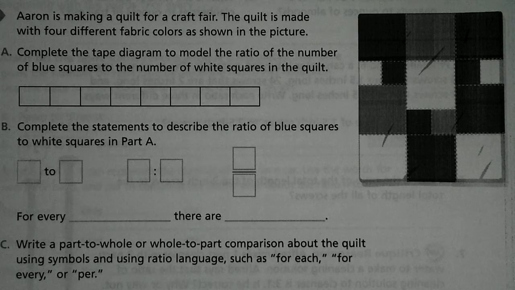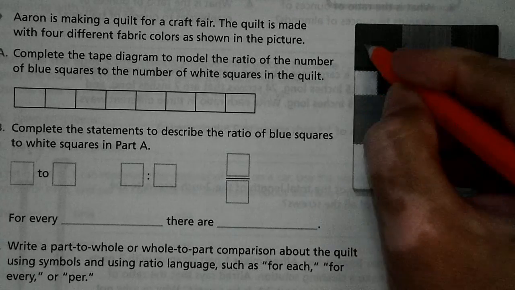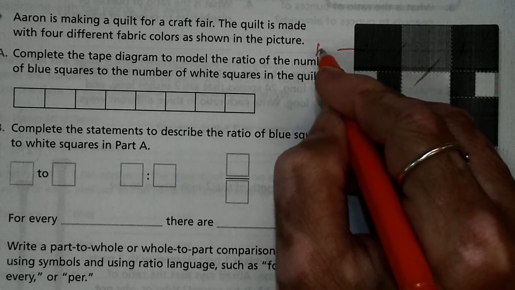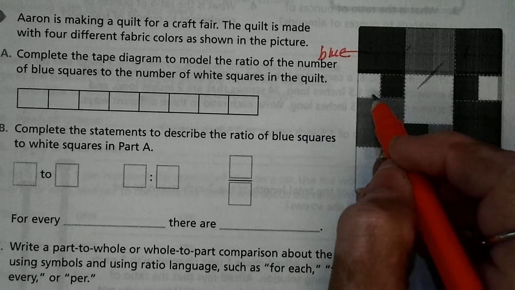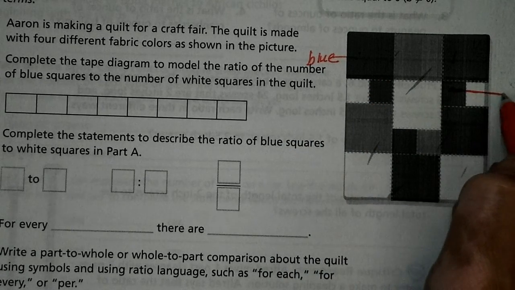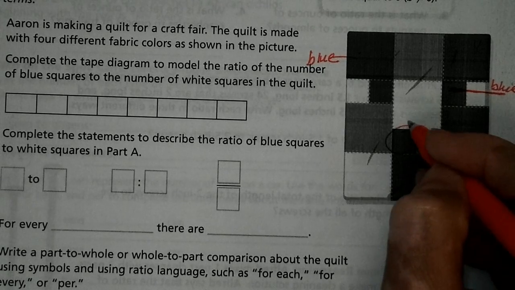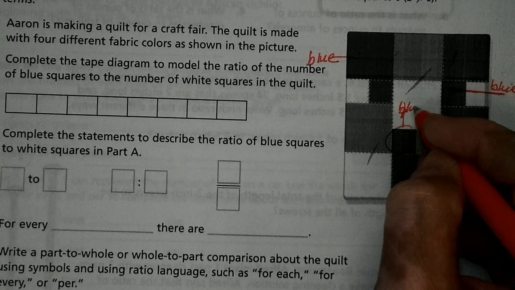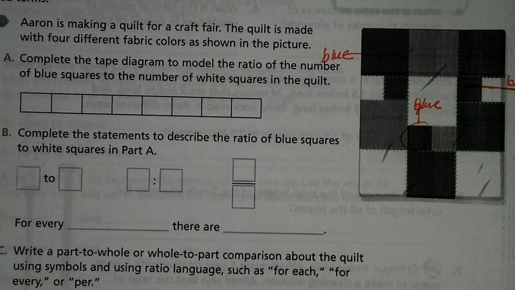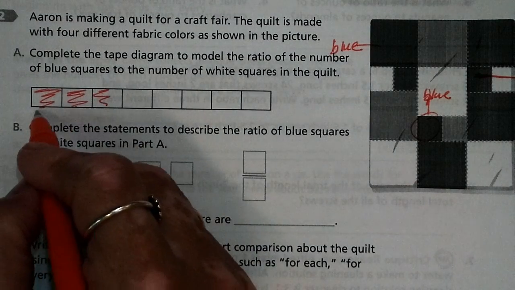All right, so we want to know blue to white. So this one is blue. This one here is blue. And this little one here is blue. Okay, so we have 3 blue, so I'm going to color the 3.